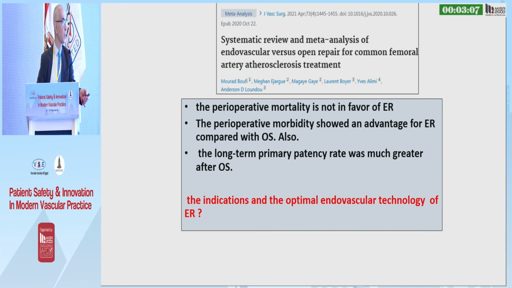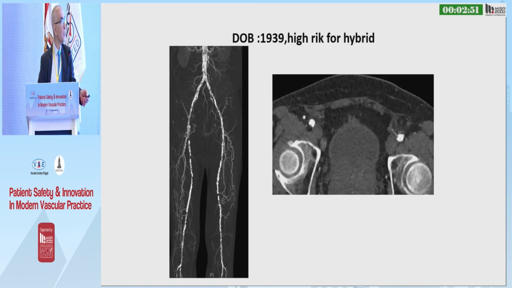Perioperative morbidity shows an advantage for endovascular repair, and the long-term primary patency rate was greater after open surgical repair. Indication and optimal endovascular technique is unknown. At the same time, we can do both common femoral and iliac artery endovascular repair.